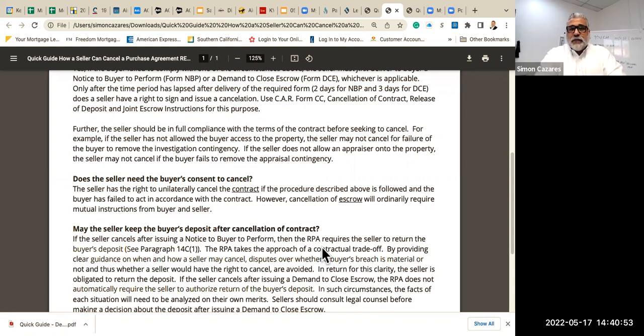The buyer still, within that 17 days, can do as many inspections as they possibly can, meaning home inspection, termite inspection, sewer inspection, electrical inspections, roof inspections, chimney inspections, foundation inspections, garage inspections, whatever the case may be. They can do as many inspections as they want.